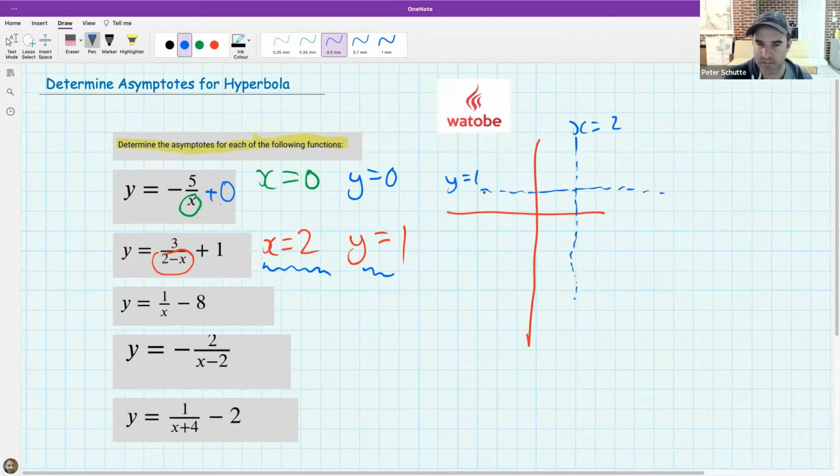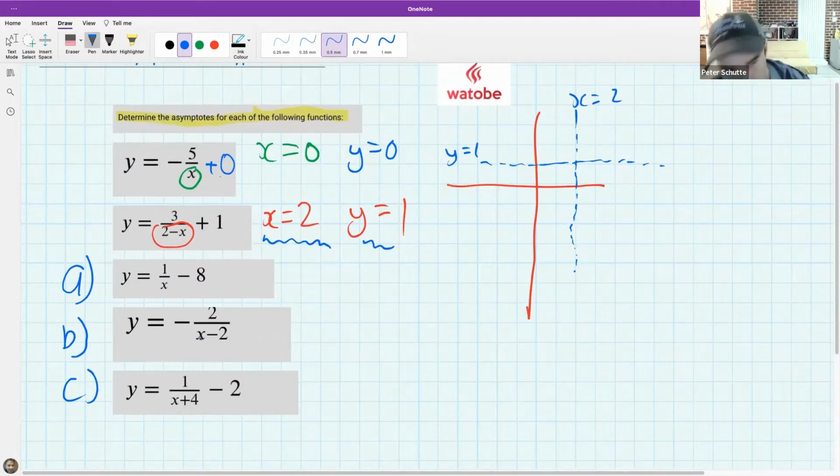So this is what I'm finding out. I'm not drawing this graph, but I want you guys to tell me the asymptotes for these 3 hyperbolas. And I just want to make sure everybody can identify the asymptotes for hyperbolas.